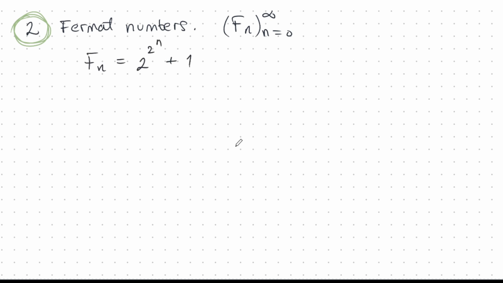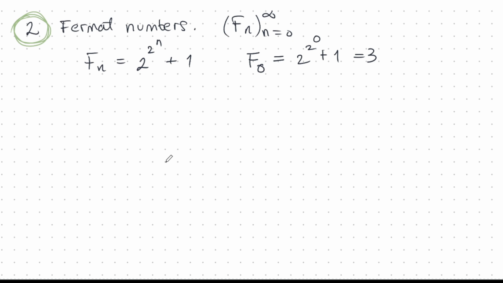The nth term looks like this, 2 to the power of 2 to the power of n, plus 1. So it's like super rapidly increasing. That's 2 power 2 to the 0, plus 1. That's 3. Okay, so that begins with 3. F0 is 3. So Fermat thought these were all primes, and it turns out this is wrong.